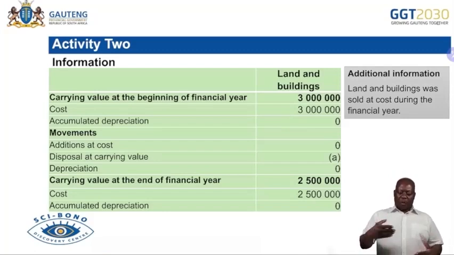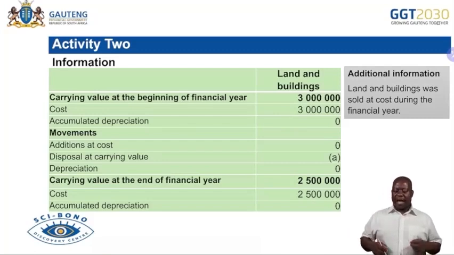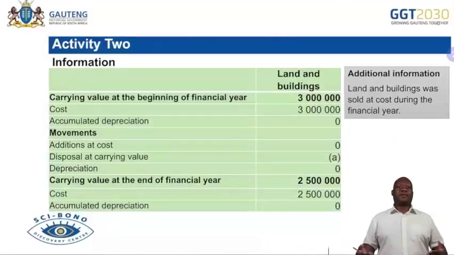There is no accumulated depreciation. But now, there was no addition. There is no depreciation, but there was a disposal. And if you check the additional information, land and buildings was sold at cost during the year. But at how much? Remember, the cost at start is linked to the cost at the end.